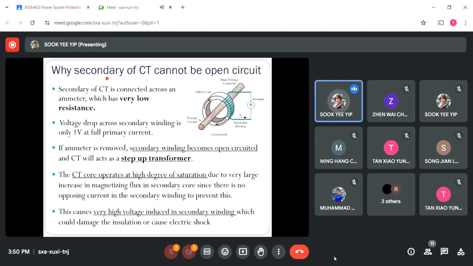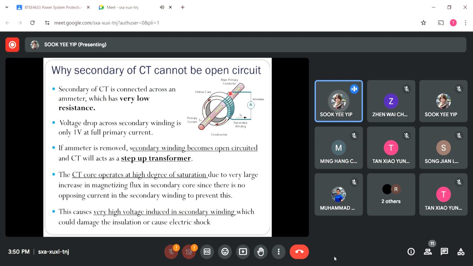So we know that the current transformer and the ammeter are always used together for metering purposes, let's say you want to use it for current measurements. For the current transformer, let's say we have this as a core, and this is the bar primary type current transformer. This core has been wound by the secondary winding. This is the power line that we want to get the current measurements from.